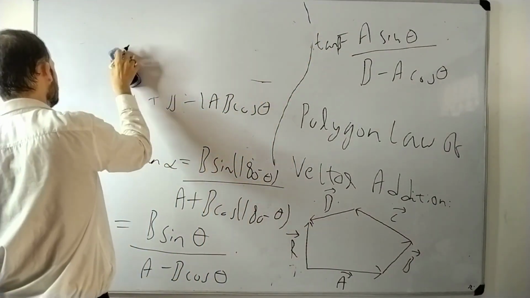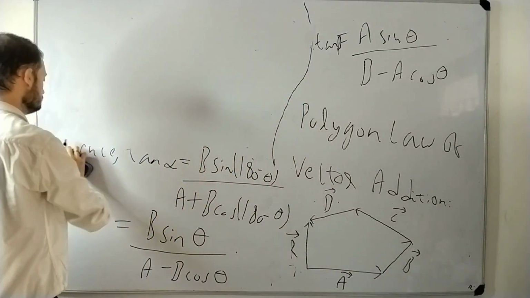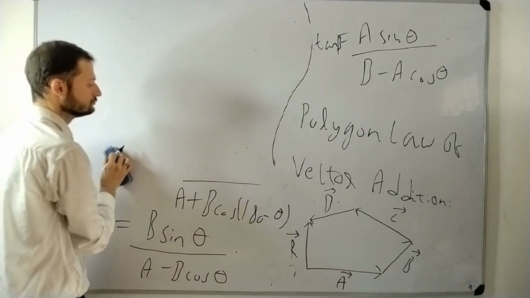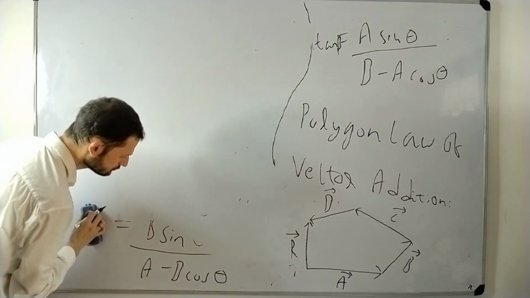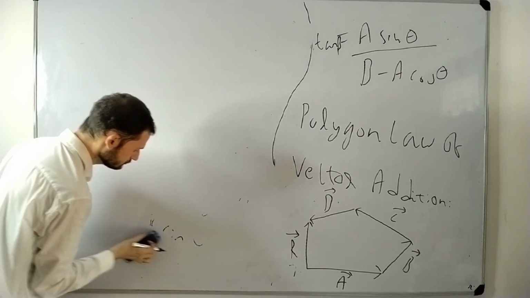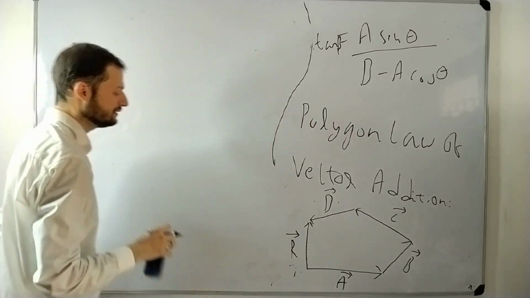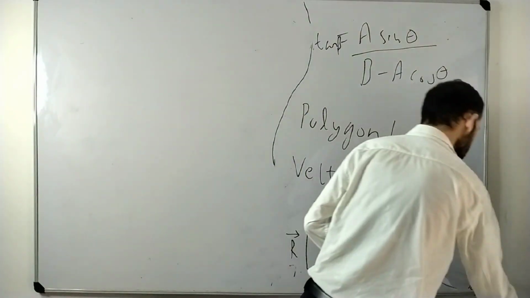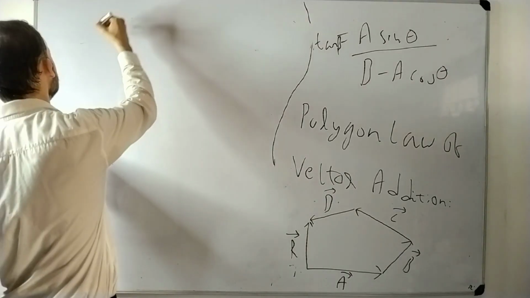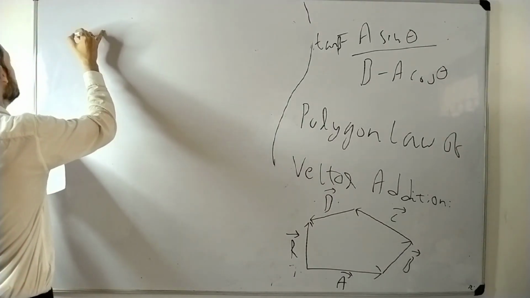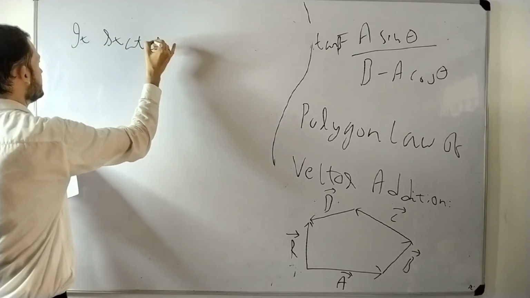So let's see the statement of the polygon law of vectors.